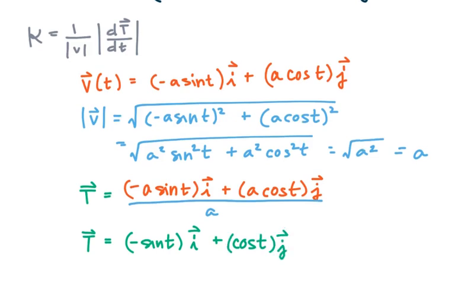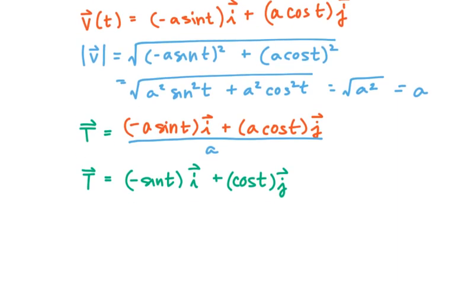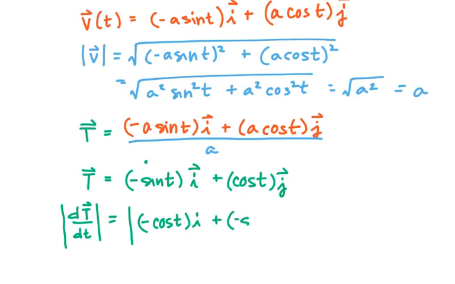All right, last thing we need before we can calculate curvature is the magnitude of the derivative of the tangent vector with respect to t. So we need the magnitude of, first we'll find the derivative in here. So the derivative of negative sine is negative cosine t i, plus the derivative of cosine is negative sine t j.